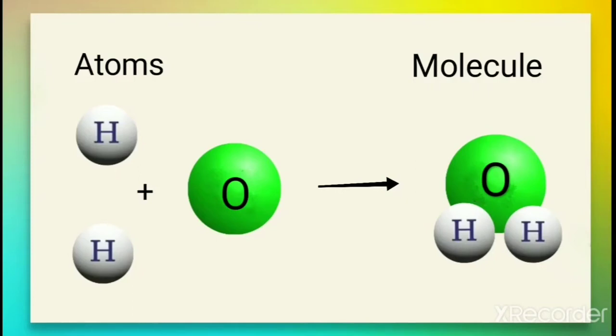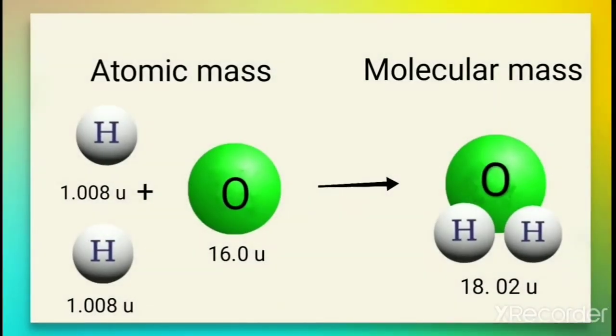So when atomic masses are summed up, we get the molecular mass. Let us find the molecular mass for this example. The atomic mass of hydrogen is 1.008 U, where U is the unified mass, and the mass of oxygen is 16.0 U. As atoms combine to form a molecule, to find the molecular mass we have to sum up the atomic masses of the atoms present in the molecule.